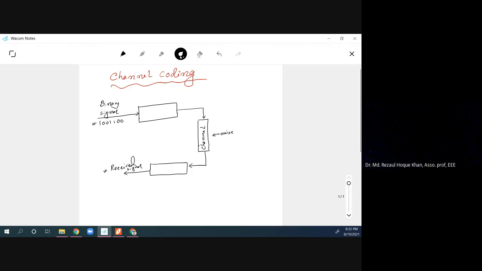Whatever message we want to transmit, this message may get corrupted in this channel. Here the signal we received may not be exactly correct. That's why for this correction we name this block channel coding, and here it will be decoded.